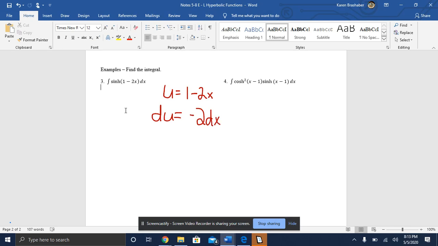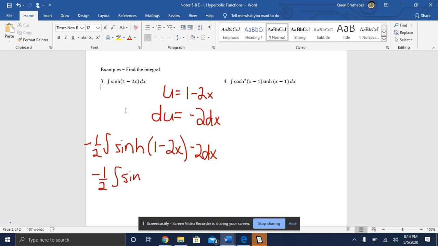So as we try to work with this, we'll have the hyperbolic sine of 1 minus 2x. We'll need to multiply in a negative 2. So balance that with negative 1/2 outside of the integral, which means that we're integrating negative 1/2 integral of hyperbolic sine of u du.